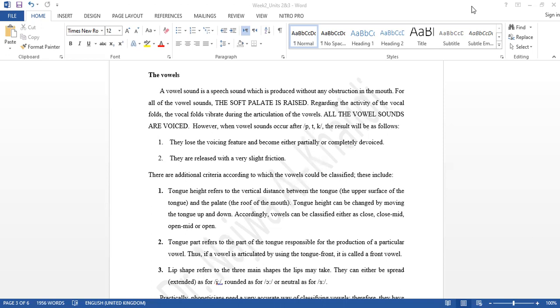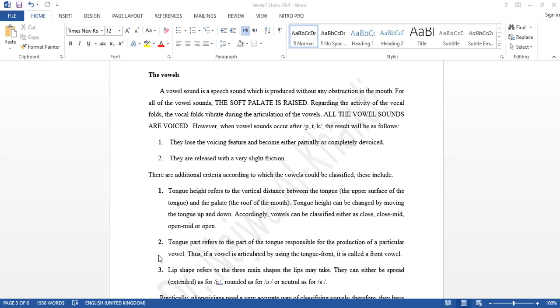The second criterion, tongue part, refers to which part of the tongue is responsible for the production of a particular vowel sound.